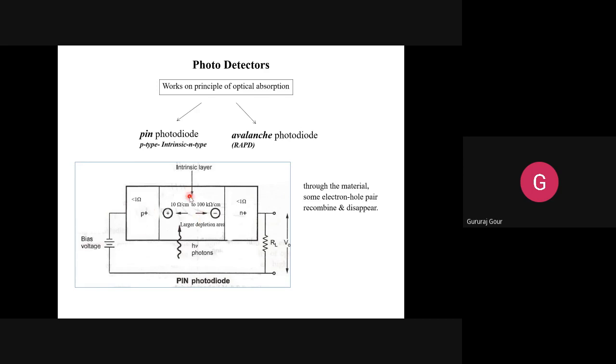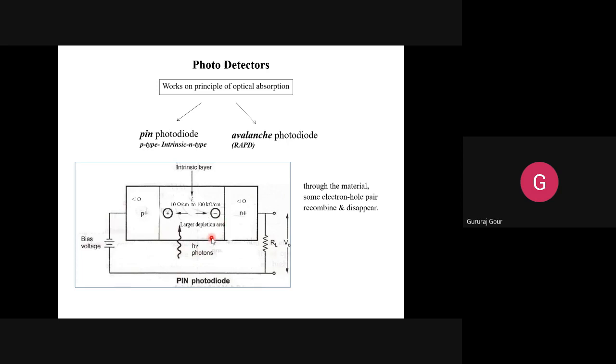Moreover, the middle I layer is lightly doped, hence its resistivity is very much larger, in the range of 10 ohm to 100 kilo ohm per centimeter. Its conductivity is very much less, hence it is going to provide a large depletion area. And of course it is required, because here the photons, shown by the arrow marker, will be absorbed. This acts like an absorption layer.